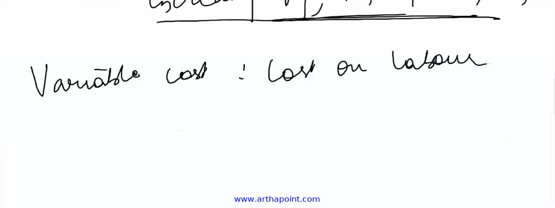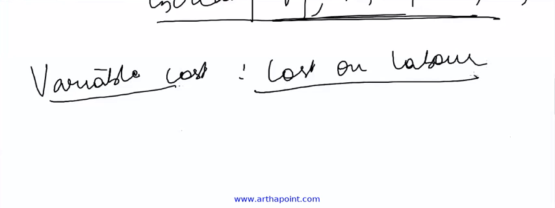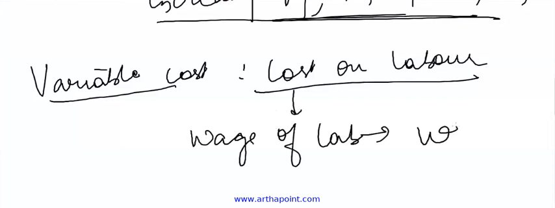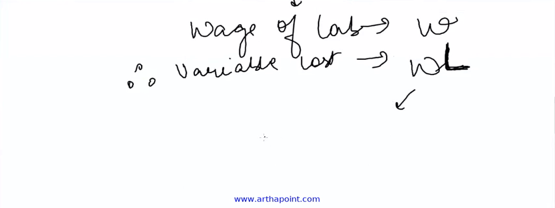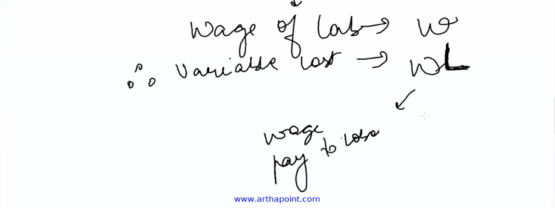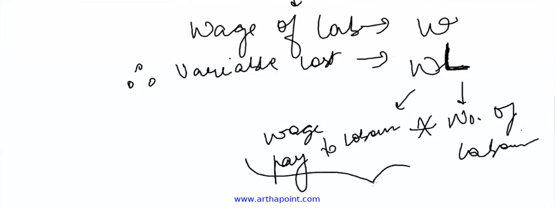So in the short run, the variable cost is the cost you spend on labor, and let's say that the wage of labor is W. Therefore my variable cost will be W into the amount of labor that I have, L. So this is the wage you pay to labor multiplied by the number of laborers. This is the total wage you pay to L laborers.